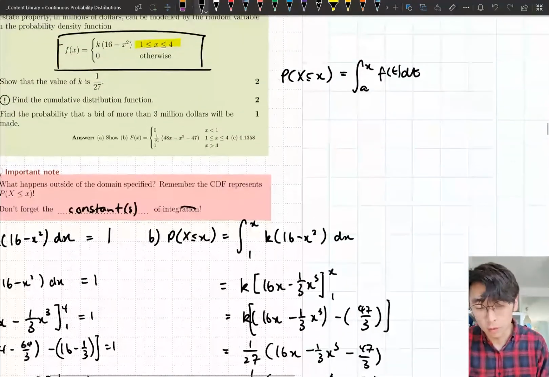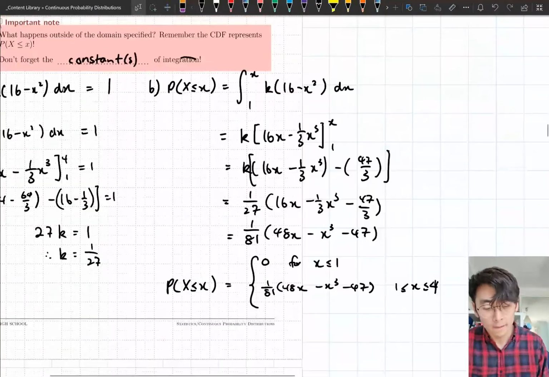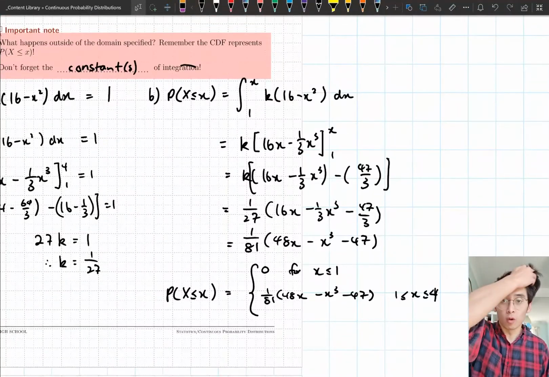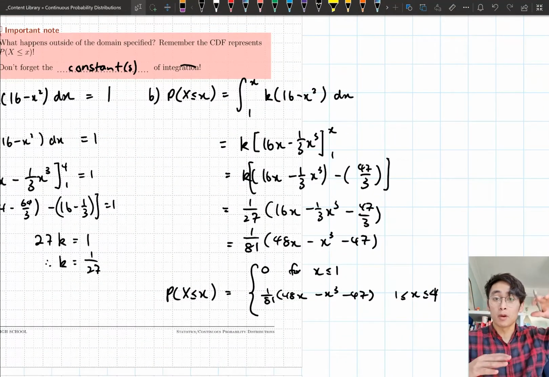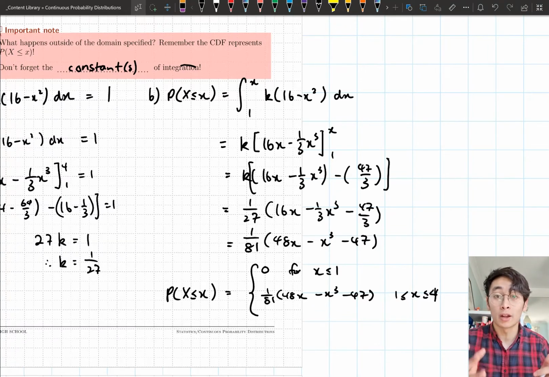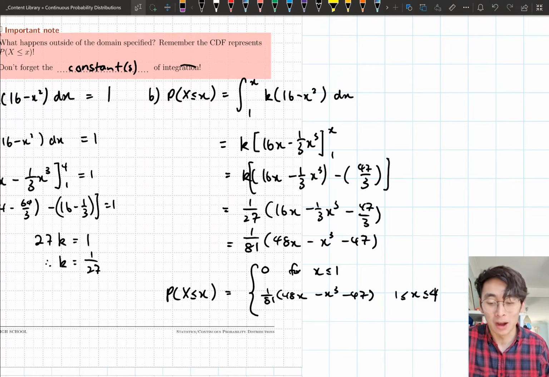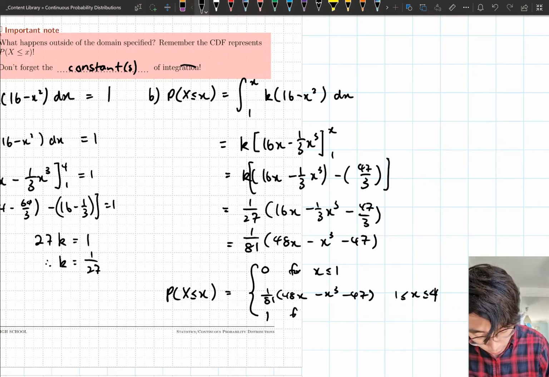Now the other condition was, what happens if it's outside of 4? After 4, the cumulative frequency up until that point is just going to be 1. We've already got our total probabilities all together there. So 1 just represents the whole. So after 4, it's just going to be 1.